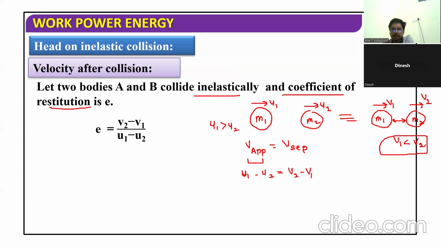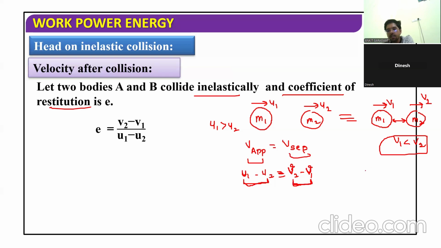Sir, what is that E, sir? This is V2, the final velocity, and V1, the final velocity. It's the relative velocity of approach of the first body with respect to the second body, and the relative velocity of the second body with respect to the first body. Clear?